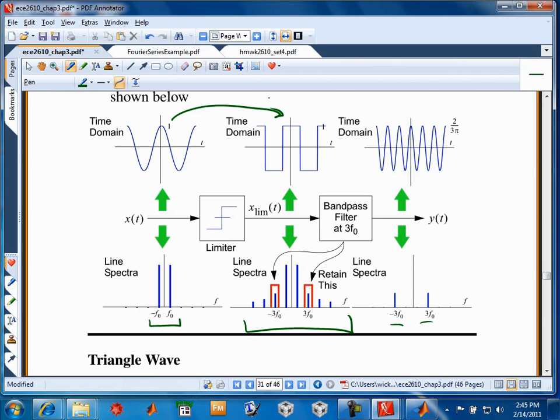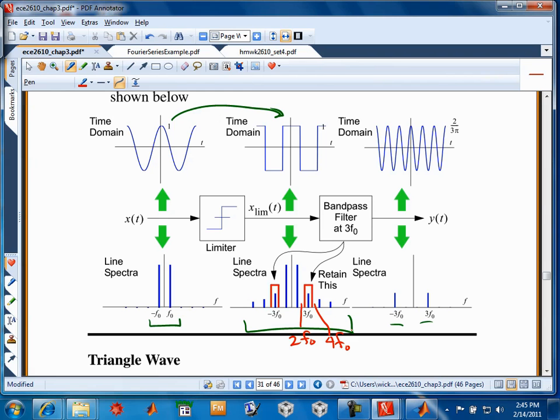Furthermore, we rely on the fact that the second harmonic, which should be down in here, that's 2f0, and then the fourth harmonic, 4f0, are squeezed in there.